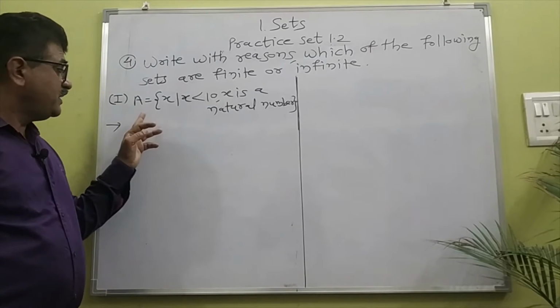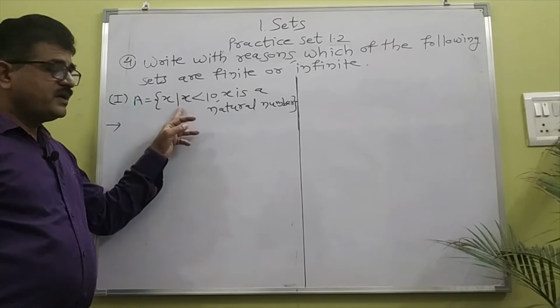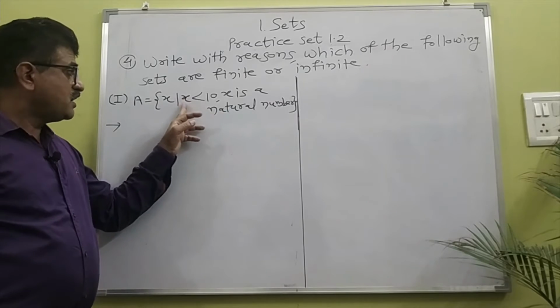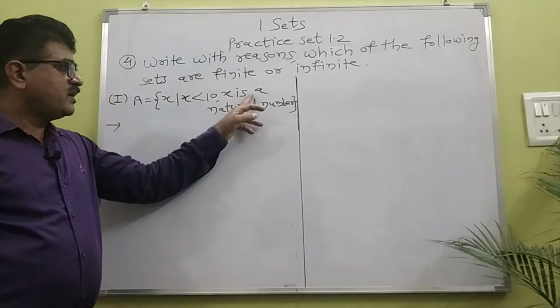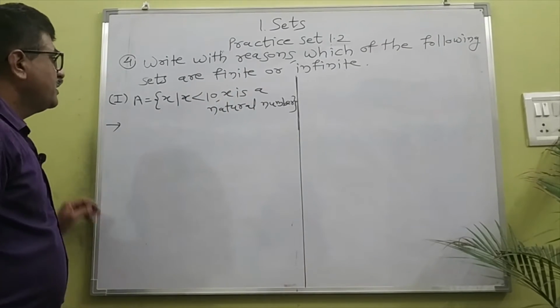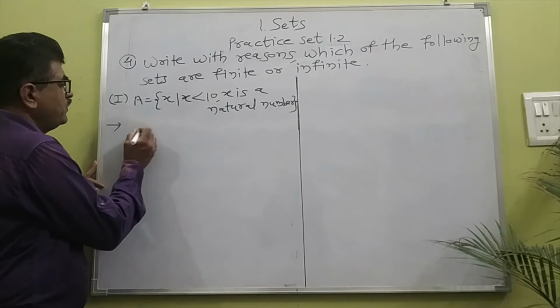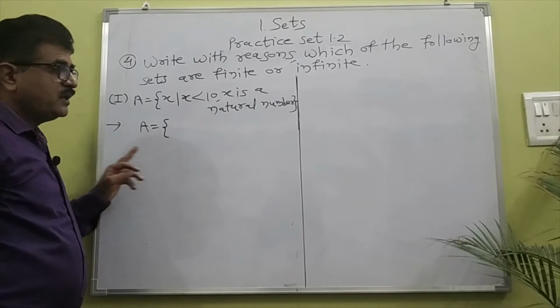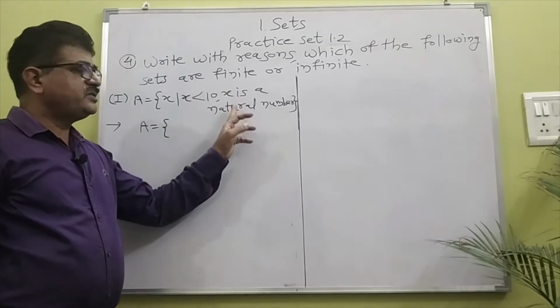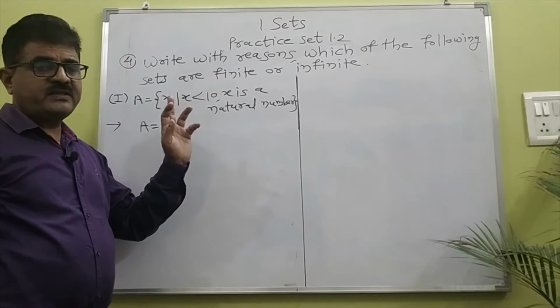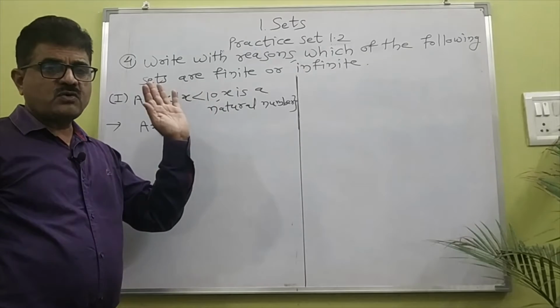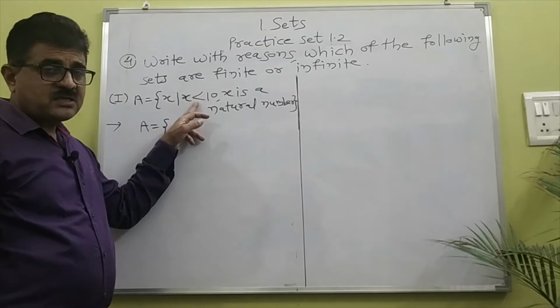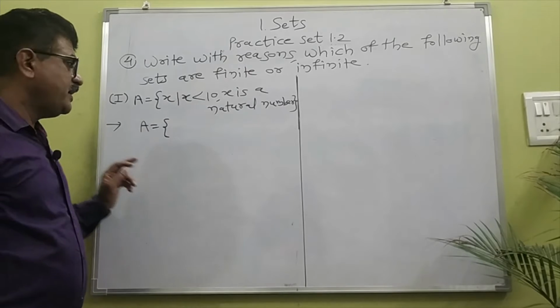Now the first example is A is a set of x such that x less than 10, x is a natural number. म्हणजे element कोणते येतील 1, 2, 3, 4 and so on. त्यामध्ये x कसा पाहिजे, x less than 10.